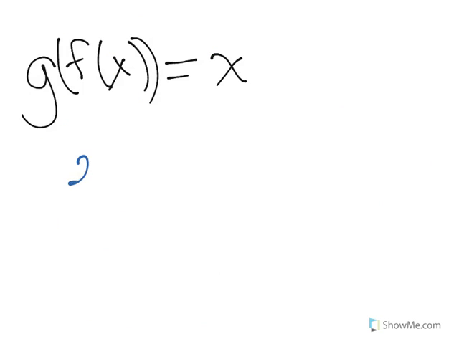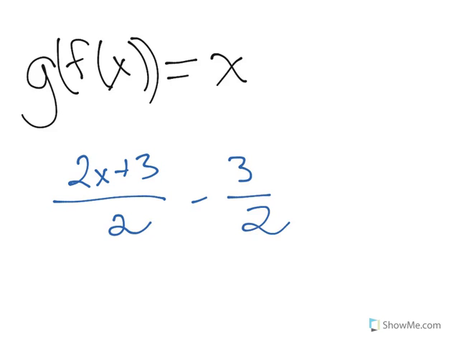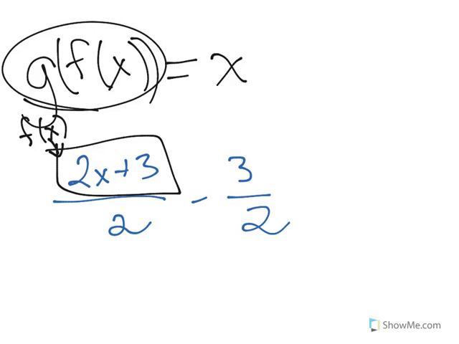So we have 2x plus 3 over 2 minus 3 over 2. So here is where x used to be, and now here we have plugged in f of x, which is how we find g of f of x.